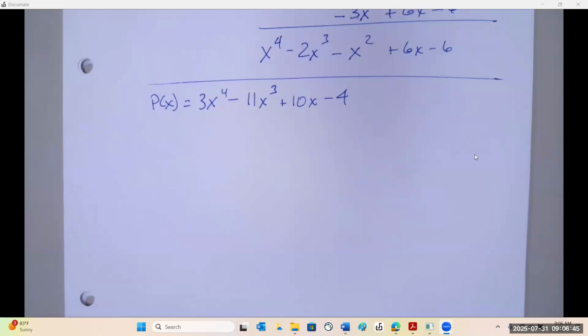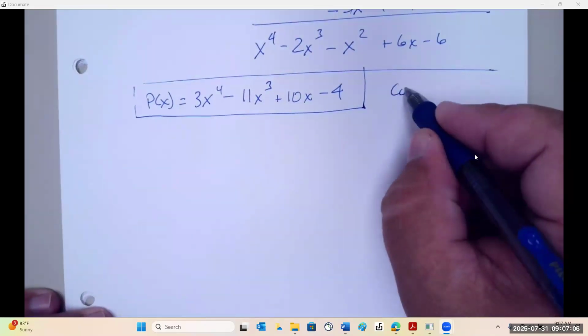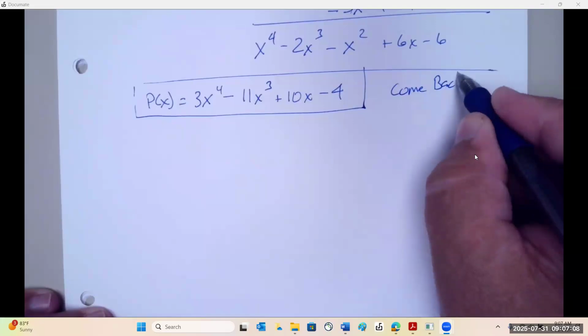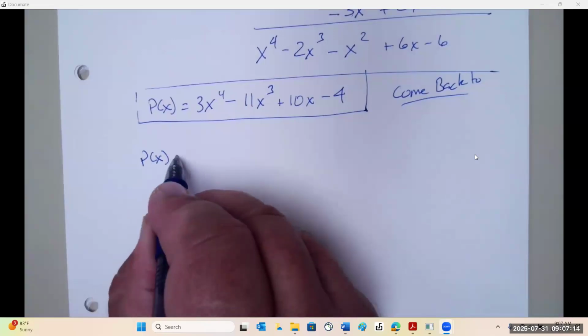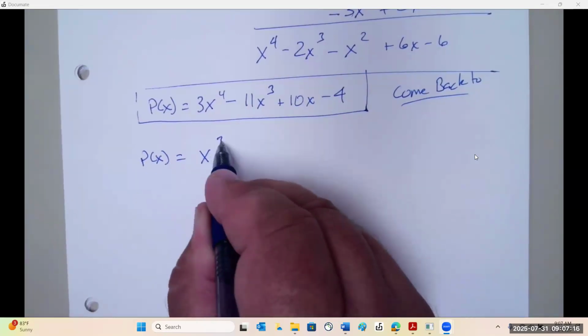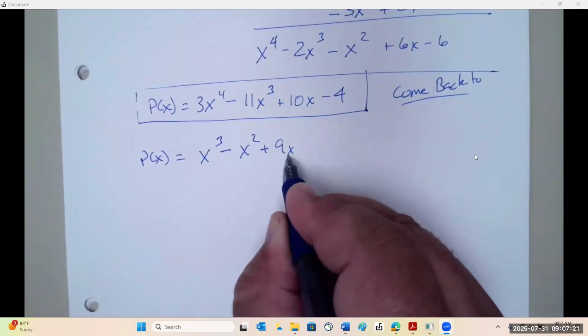So how do we go about doing this? Let me see our other examples here. Are there any simpler ones? Yes, before we jump into this one, let's look at this one: x cubed minus x squared plus 9x minus 9.